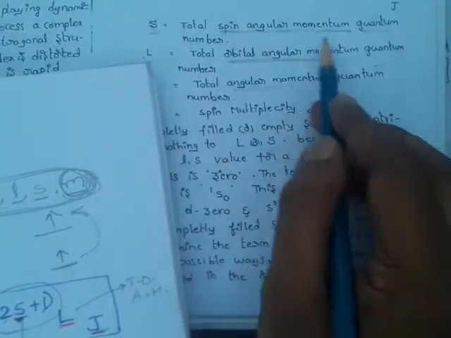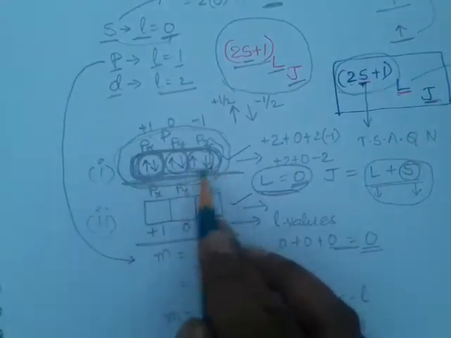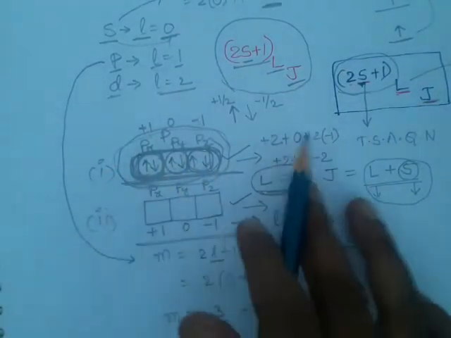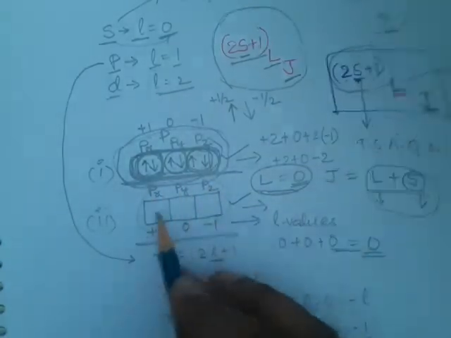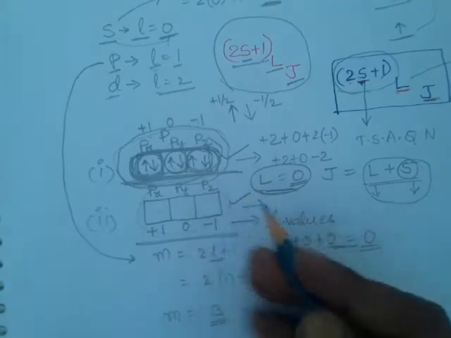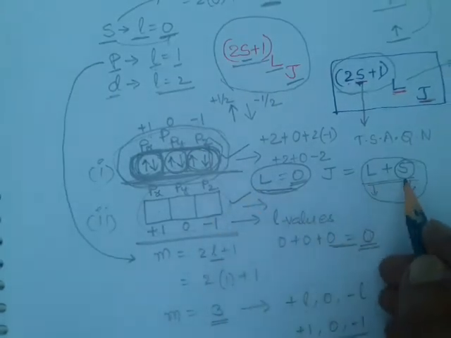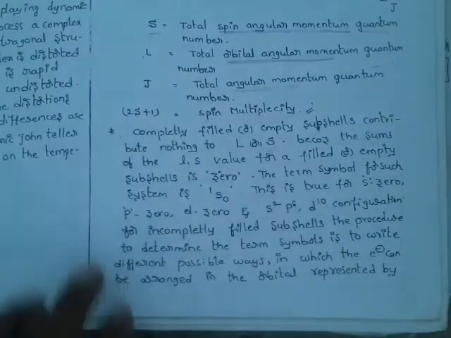So the total spin angular momentum quantum number for completely filled subshells is 0. For empty orbitals, there are no electrons. If there are no electrons, no spin. So here S value is also 0. Okay, right. So that is the point.